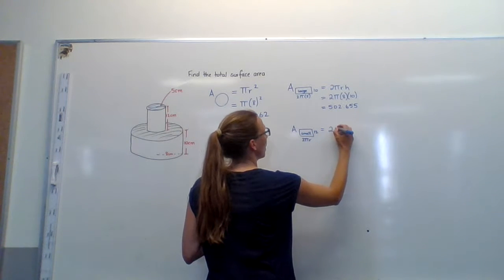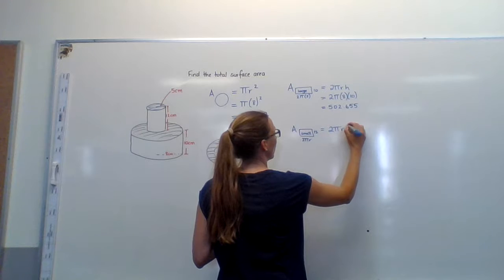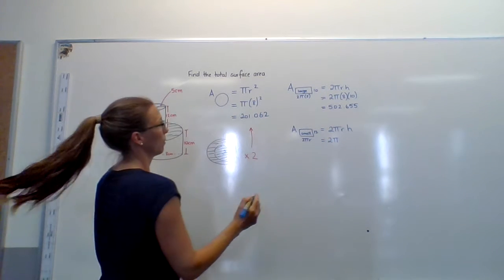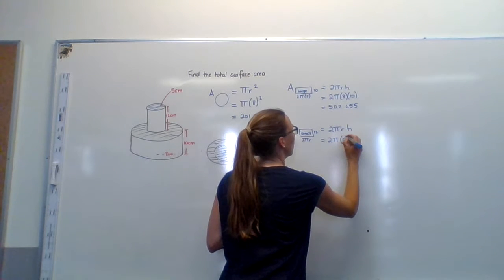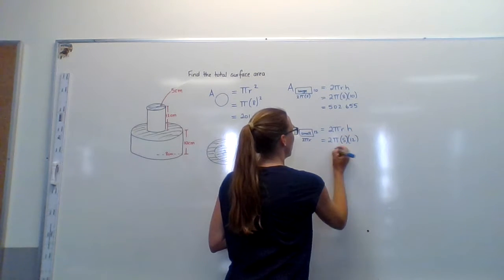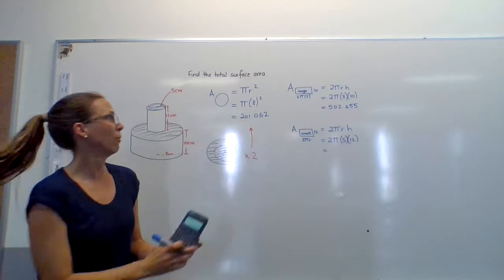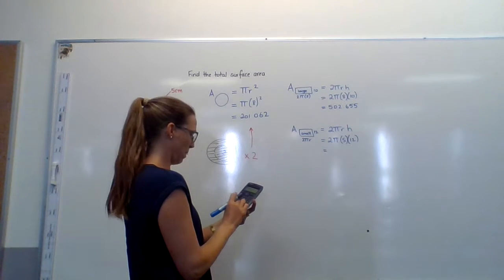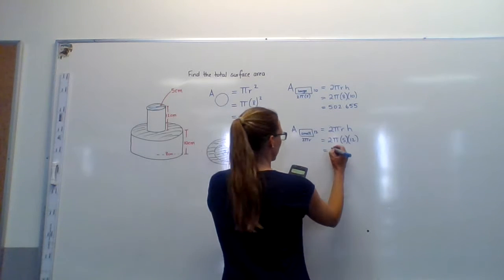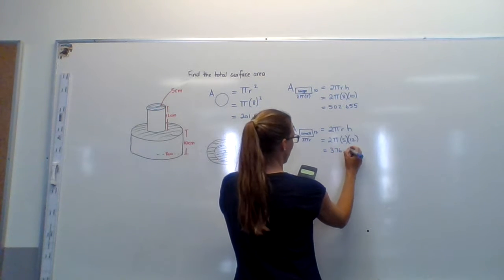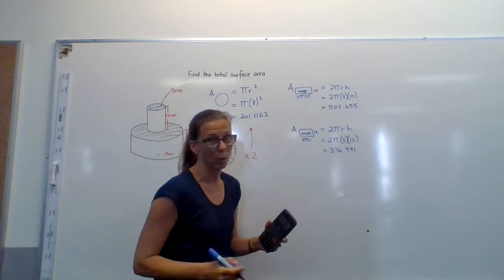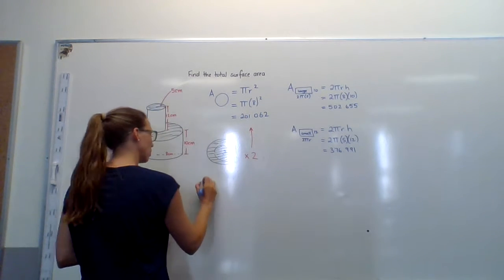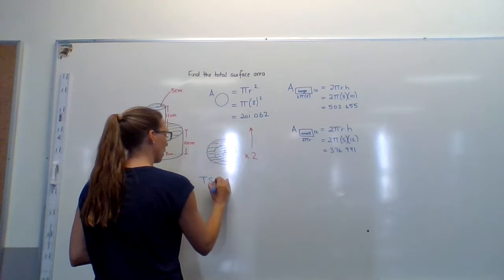So 2 pi r times height, 2 pi, the radius of that small one is 5, times 12, and for my very last time, I've got 2 times pi times 5 times 12, and that makes 376.991 square centimetres.